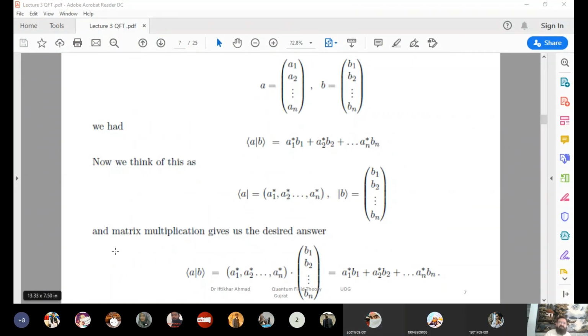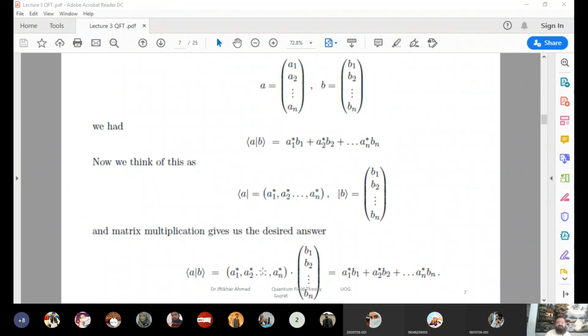So can we move to the next line? Matrix multiplication gives us the desired answer. How can we multiply these two matrices, this bra with this ket? You get the inner product of A and B, which is this vector multiplied with this vector.